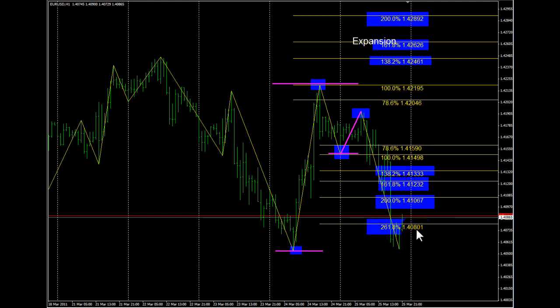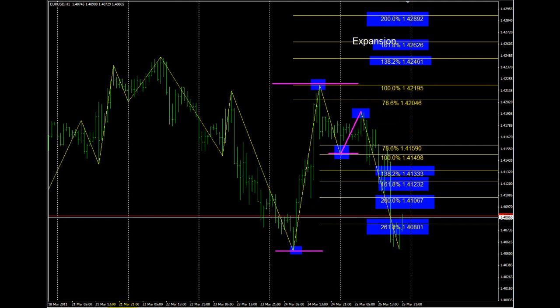So as you can see, where the blue squares are, these big blue squares or big rectangles, they are outside the range. So on the upside, it was outside the range of this big move, and these squares or these rectangles were outside the range of this move. Okay, I hope that is clear.